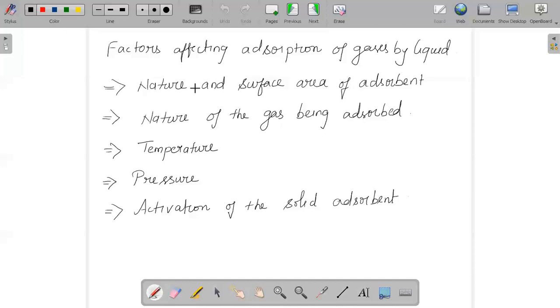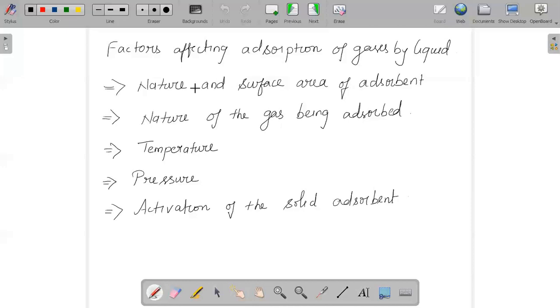The nature of the gas will also play a role, because different gases are adsorbed to different extents even by the same solid. Even if we consider the same solid, the adsorption level of the gases will differ.